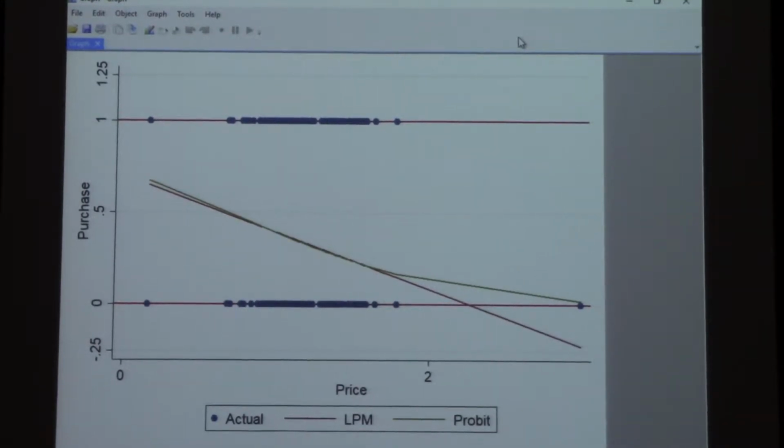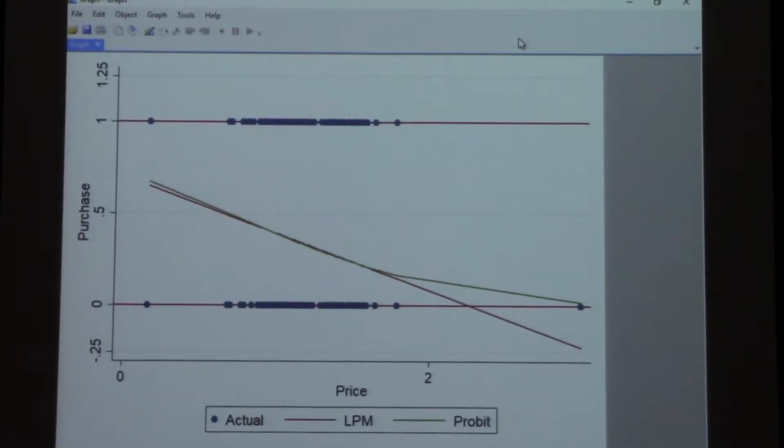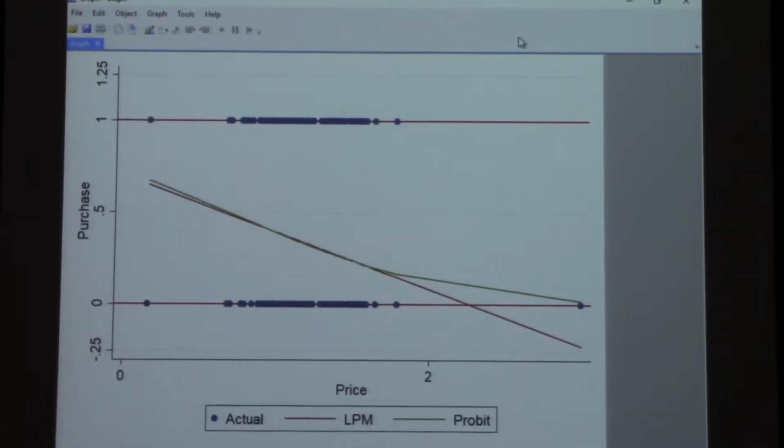It's going to become asymptotic to the 1 axis. This is why people say, well, a linear probability model is pretty close to the probit model. Why not just use it? It's easier to interpret. I don't have to go through all this z-statistic inverse functional stuff.